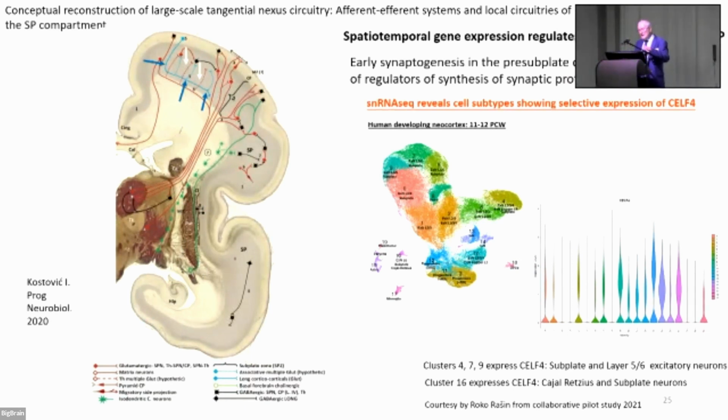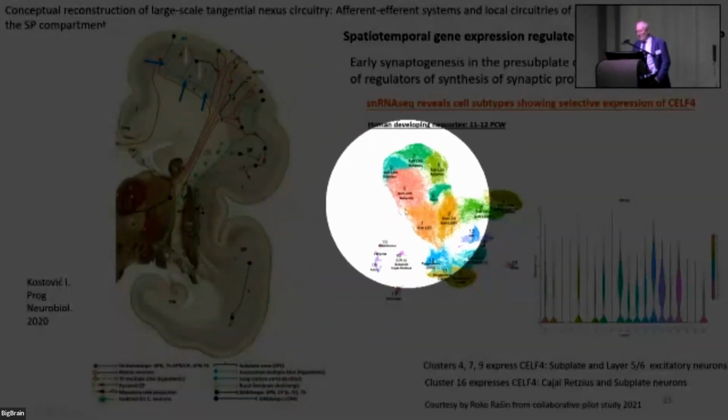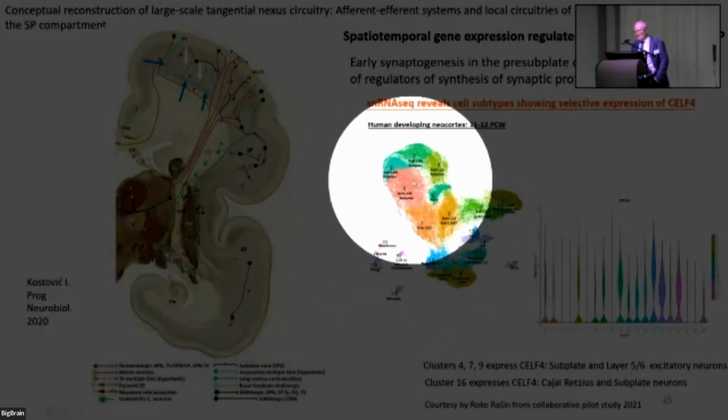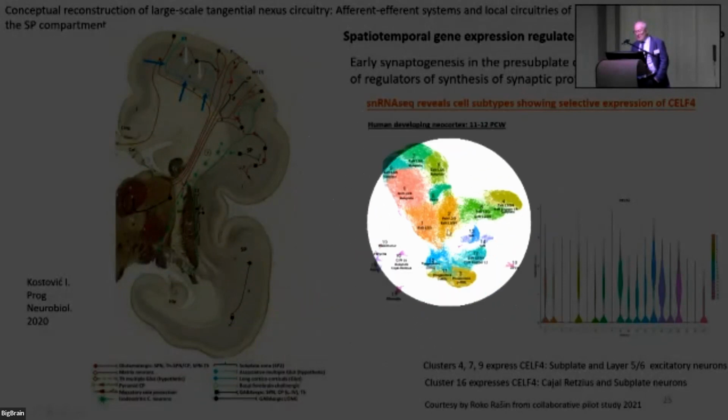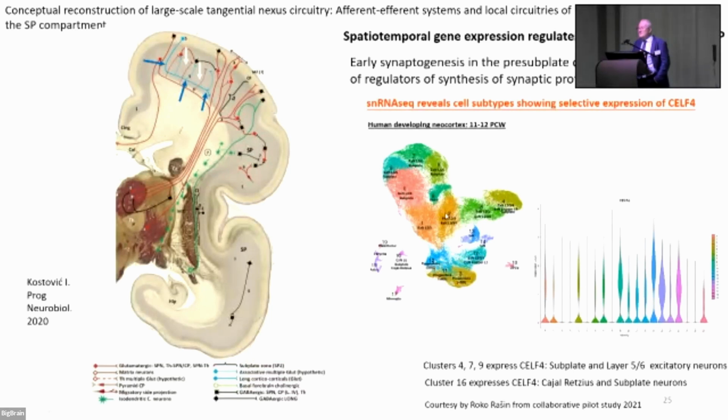In adult, there are some thalamic nuclei which project not only in a specific area, but more widely. Dr. Clascá has shown this in several papers. And here I'm happy that one of our former students, now professor at Rutgers, Rocco Rasin, has shown that there is a special clustering of genes in the subplate. So this circuitry has a special clustering of genes.